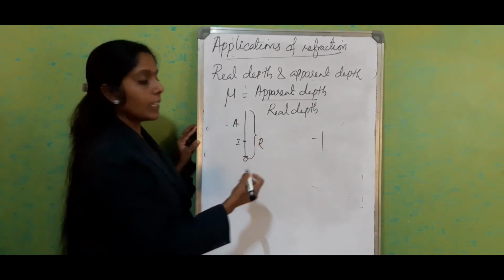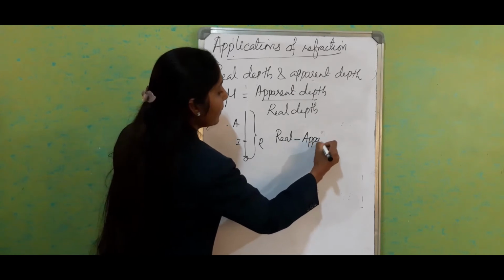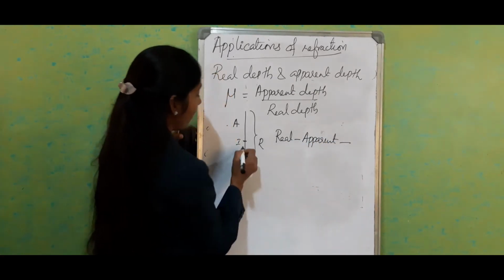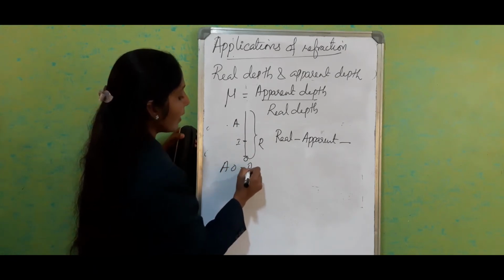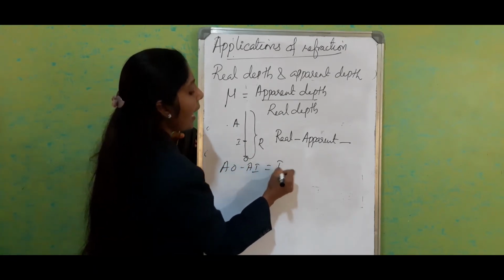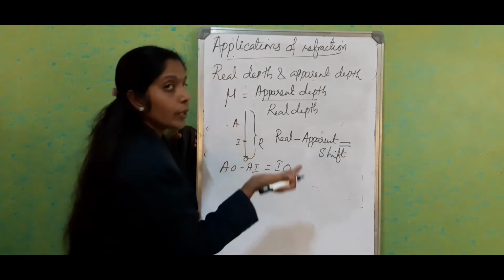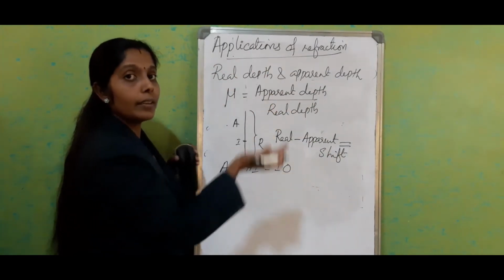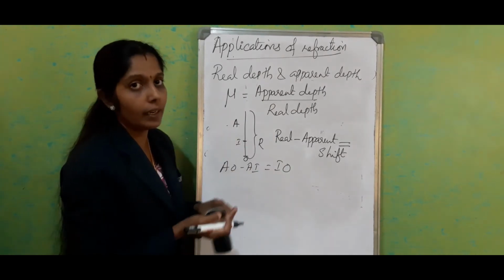So what is the difference between real depth and apparent depth? There is a shift. If you consider this, AO minus AI is equal to IO. This is called the shift.